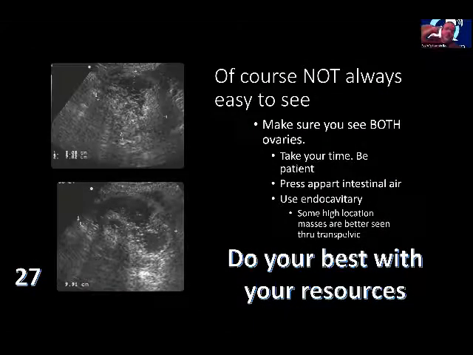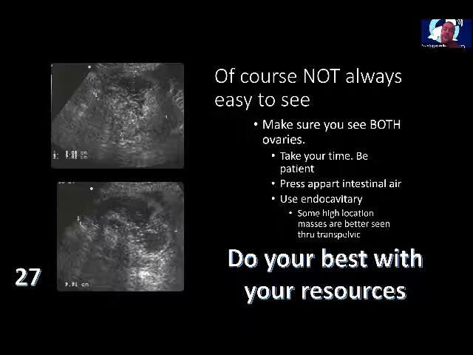Of course, depending on the device you use, the patient and the conditions of the case, it's not always easy to see a teratoma. You just do your checklist. Make sure you see both ovaries. Don't miss an ovary. Don't invent an ovary. Take your time, be patient. If you have to press a little bit in order to displace the abdominal air to the sides, do it gently.